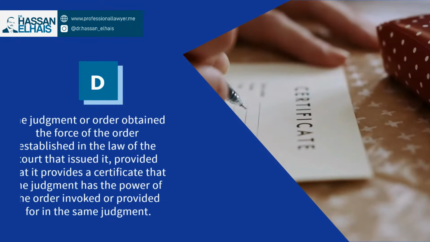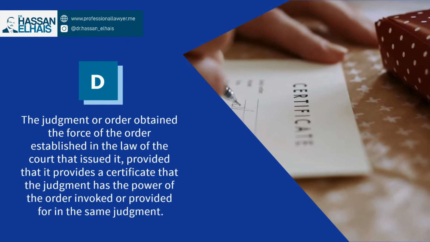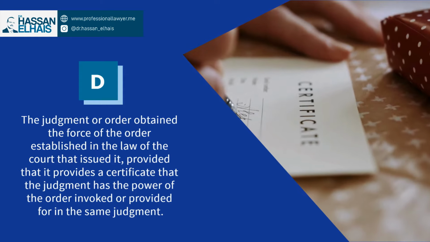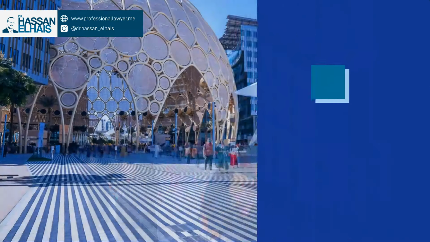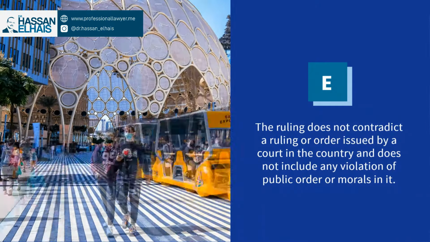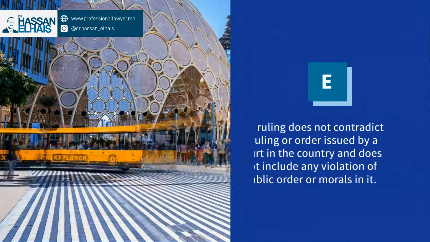D. The judgment or order obtained the force of the order established in the law of the court that issued it, provided that it provides a certificate that the judgment has the power of the order invoked or provided for in the same judgment. E. The ruling does not contradict a ruling or order issued by a court in the country and does not include any violation of public order or morals in it.